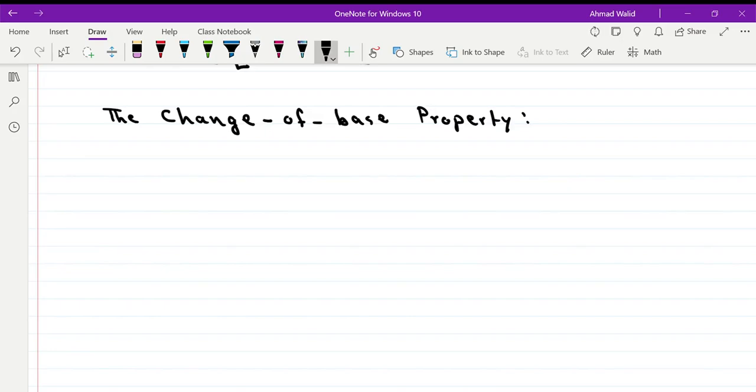If you have log of a number m base b, to calculate this log, you can write it as log of m base a over log of b base a.